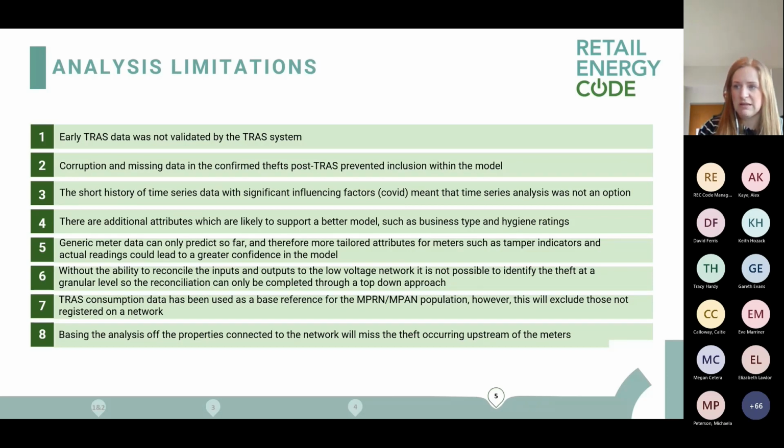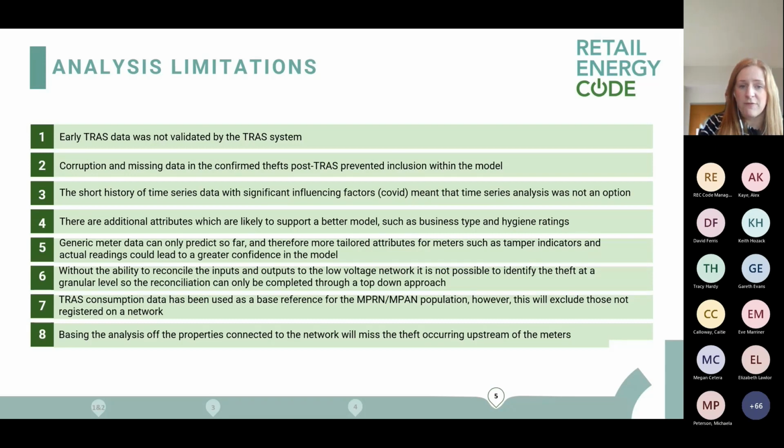The post-TRAS data that we received had corruption in it due to the format in which it was submitted from suppliers, and we didn't use that within the model, but we did use it for some of the hypothesis testing and exploration. As I mentioned, there were impacts around the time series of data, so we couldn't perform full time series analysis because of significant events such as COVID restrictions and changes in how the data was captured.